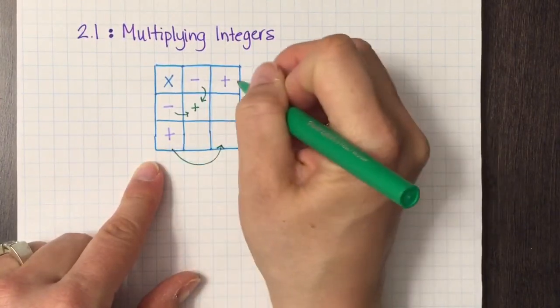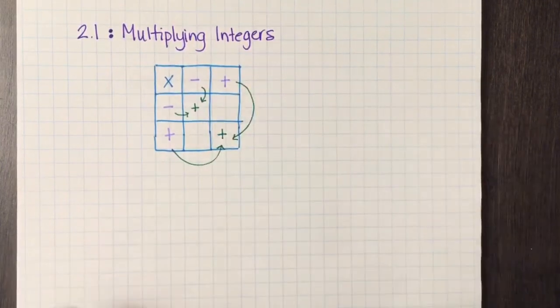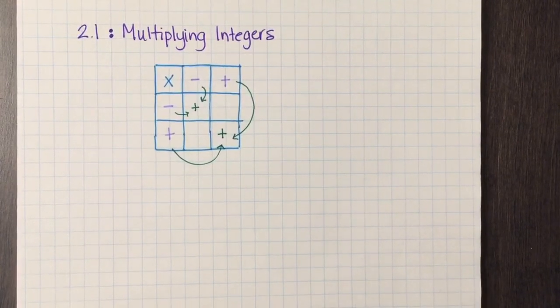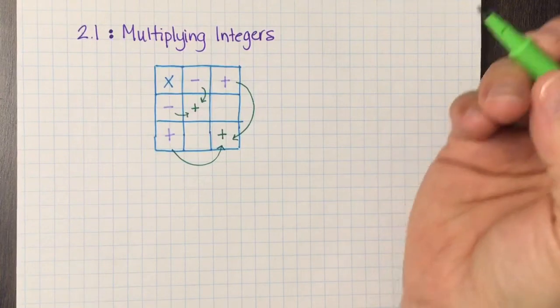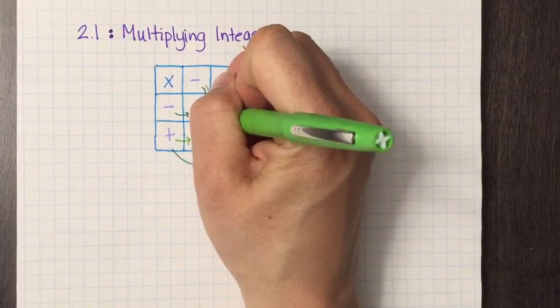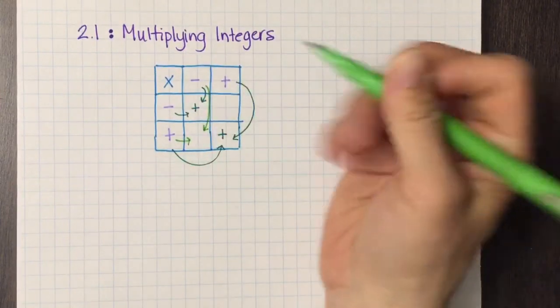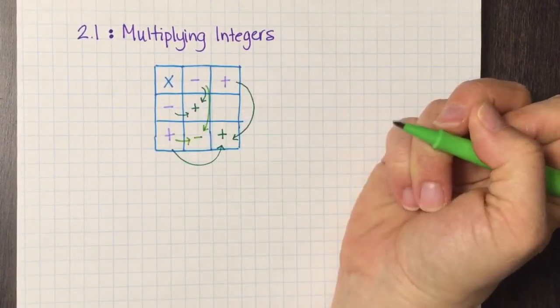When we multiply a positive integer times a positive integer, the answer, or the product, is also going to be positive. On the flip side, when we multiply integers that have different signs, their products are negative. So if we multiply a positive number and a negative number, the sign is going to be negative.